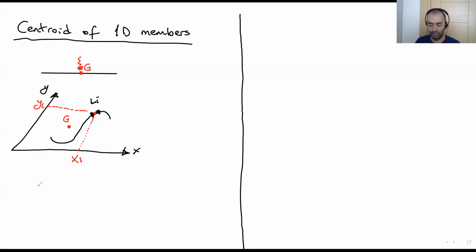Let's write the equation for this one. By the way, this is the Xg and this is the Yg. We are looking for these coordinates. Xg equals the total Li times Xi over total Li. The logic is the same as the previous one. Let me show you the previous page again.